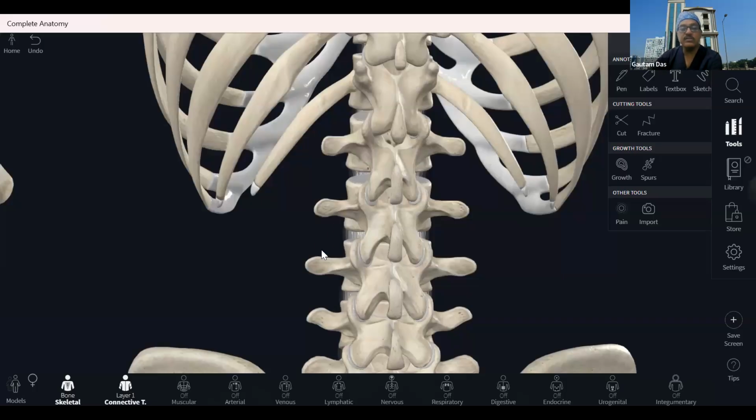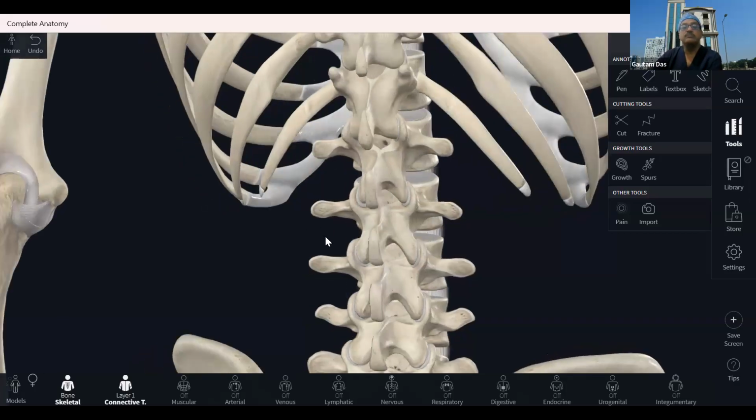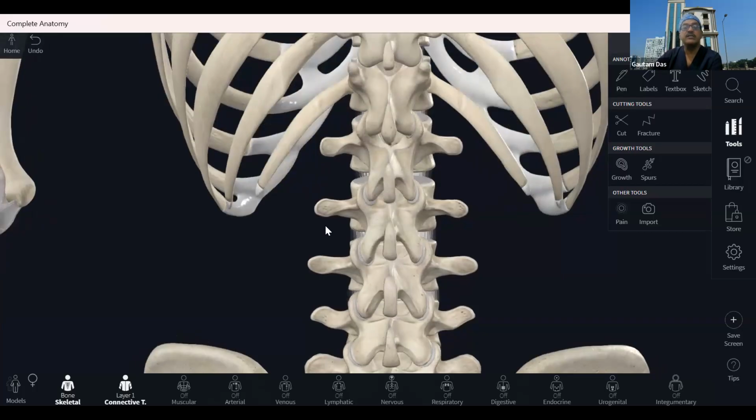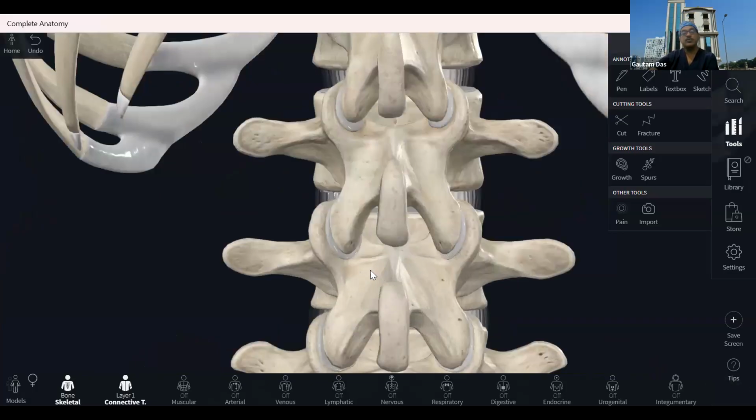In between we have the ITC, the intertransverse complex. In the ITC we have the intertransverse muscles, intertransverse ligaments, and also some blood vessels.